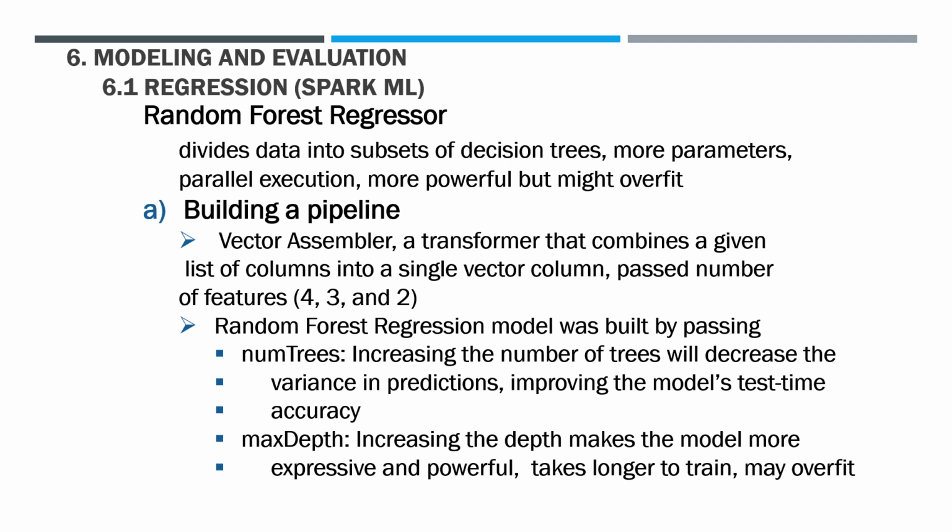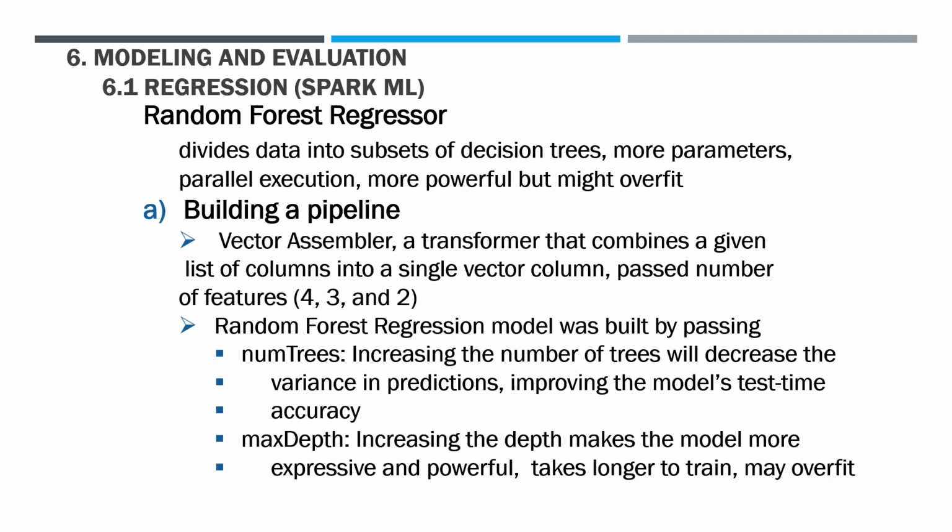The process for building this kind of model is the same as a linear regression model. We build a pipeline first by using a vector assembler, as explained in the linear regression model section. Then because it's a different kind of model, different parameters are passed to the model. For example, the number of trees.